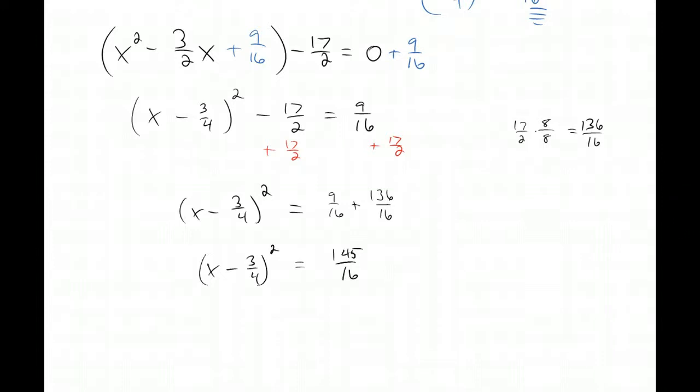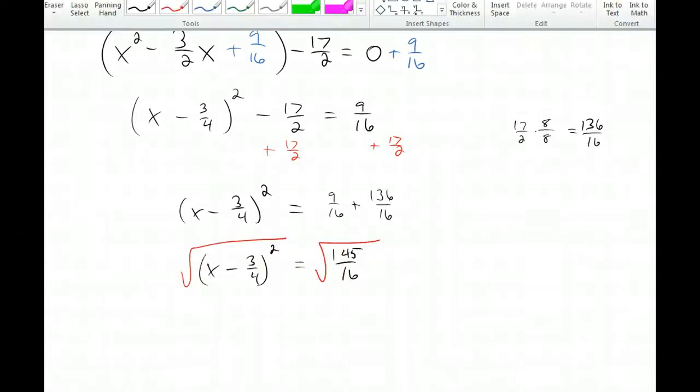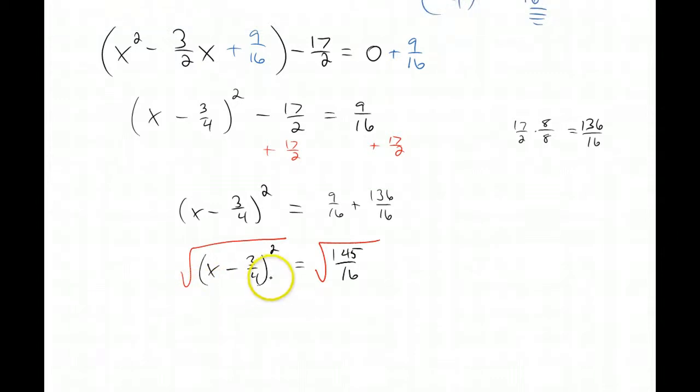Now, again, when completing the square, the next step in the solution is, again, we're trying to get this x by itself. So the next step is going to be to take a square root of both sides. Now, what I know about the left-hand side of the equation is the square root and the square cancel each other out. That's why we did it. So on the left-hand side of the equation, we're just going to be left with x minus 3/4. So we're getting closer to getting x all by itself here.